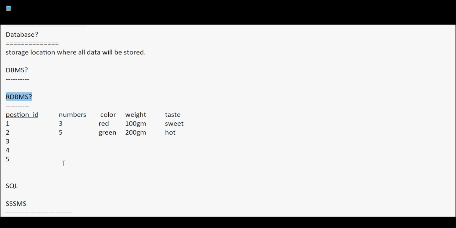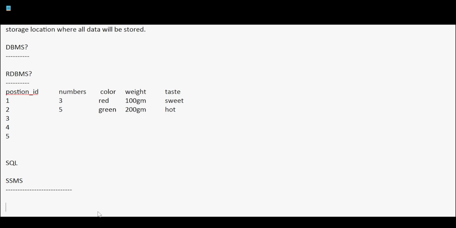Okay, next, this is a tool, SSMS, SQL Server Management Studio. This is an application of database management system that we are going to use.